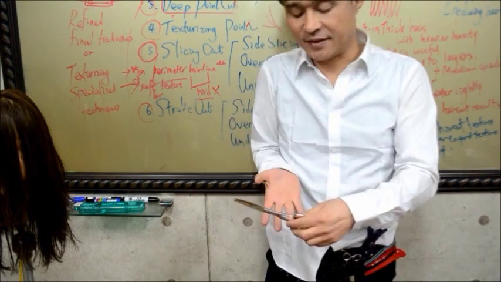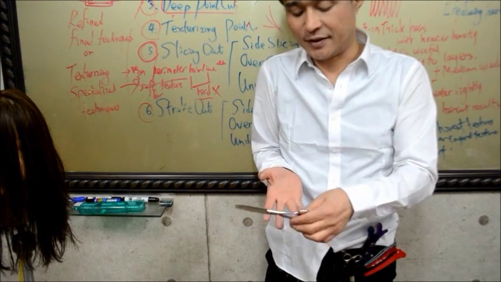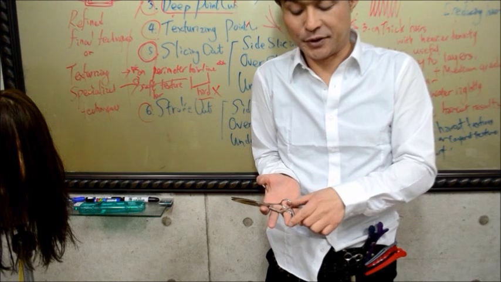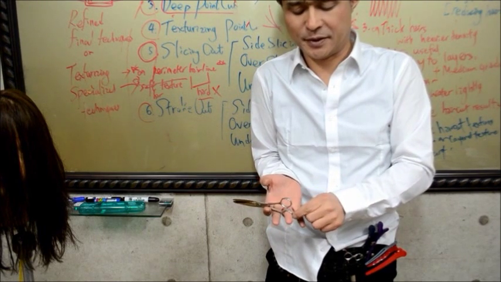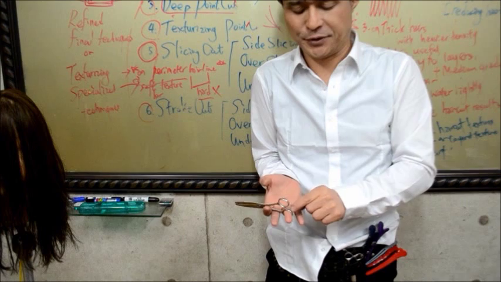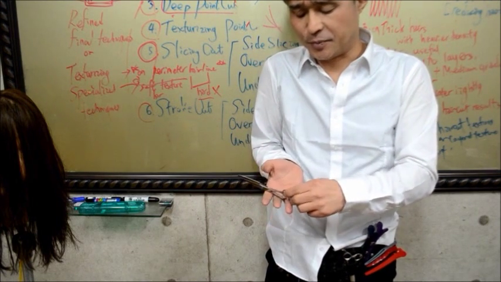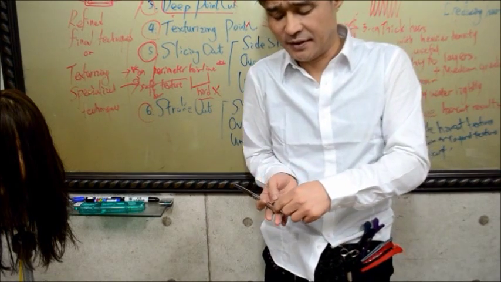Insert the steel ring into the ring finger, at about the middle of the ring finger. And then place it diagonally like this.